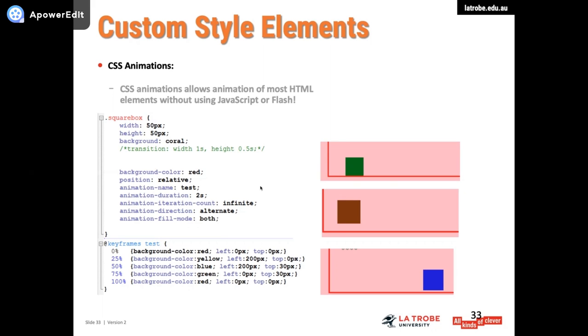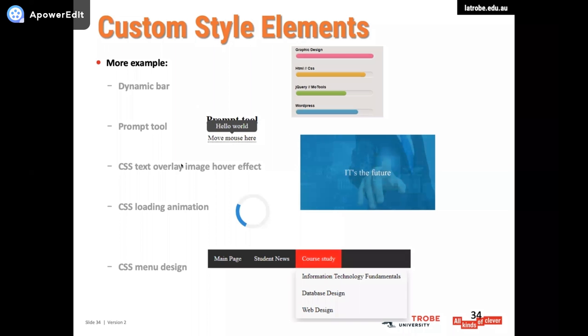Now we'll show more examples of using just CSS and HTML to have a very cool dynamic effect or animation in your web page, without using JavaScript or Flash. We can use CSS to design a dynamic bar, which I'll show you later.